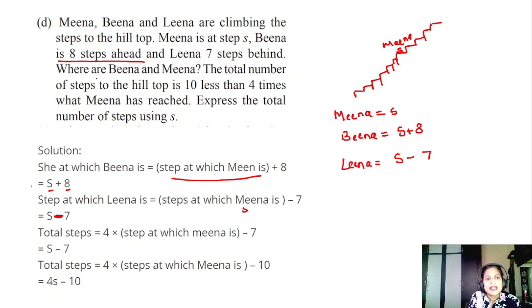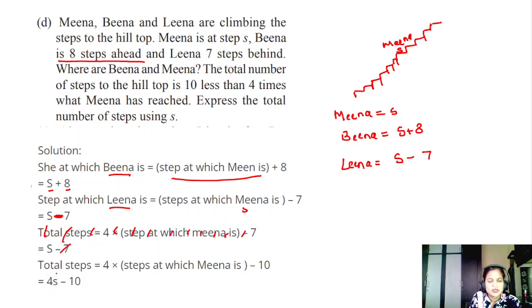Then, where are Beena and Meena? This is Beena's answer, this is Leena, already over. The total number of steps to the hilltop is 10 less than 4 times what Meena has reached. I'll scratch this out.